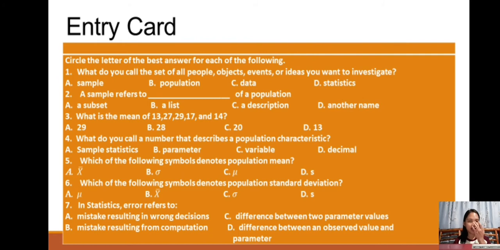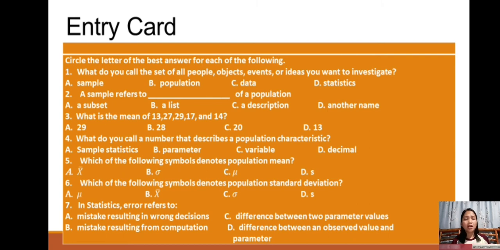Letter A. Number 3, what is the mean of 13, 27, 29, 17, and 14? So let us recall the formula in finding the mean. You just have to add all the data divided by the number of data. In symbol, this is summation of x divided by n, regardless if this is a population or a sample.